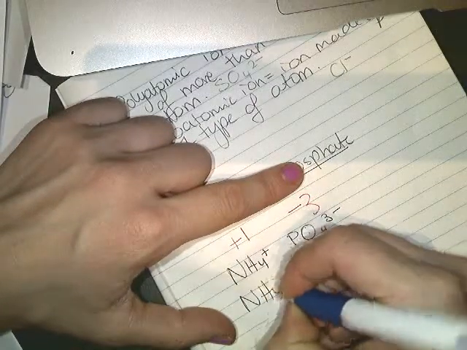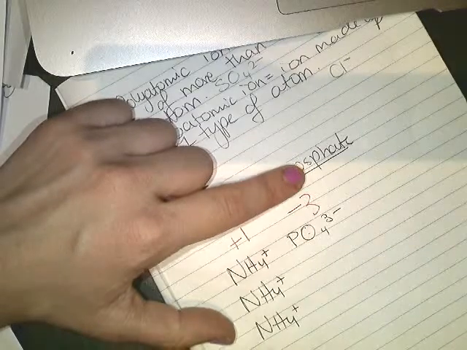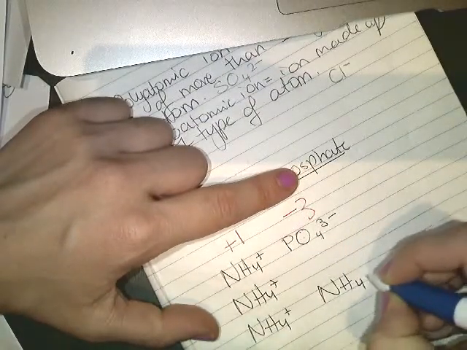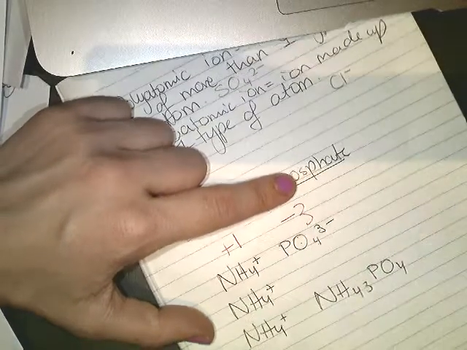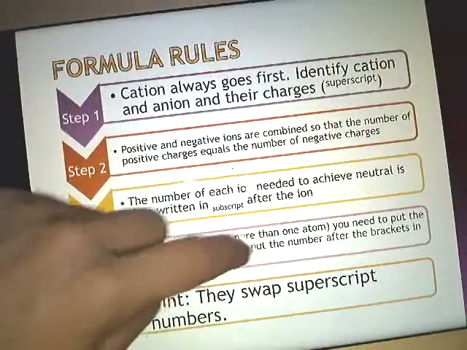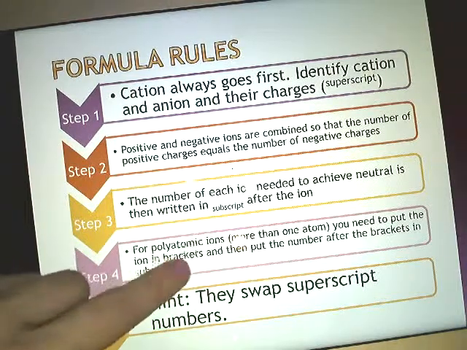We need to actually make sure we have 3 of the ammoniums. So, how do we tell people that we have 3 ammoniums? Is it like this? And the answer is no. For polyatomic ions, you need to put the ion in brackets and then put the subscript after the brackets.